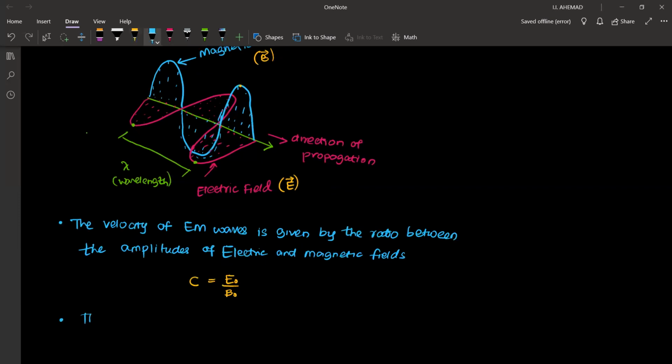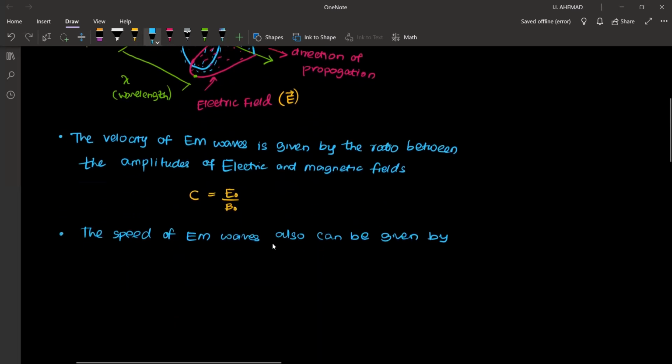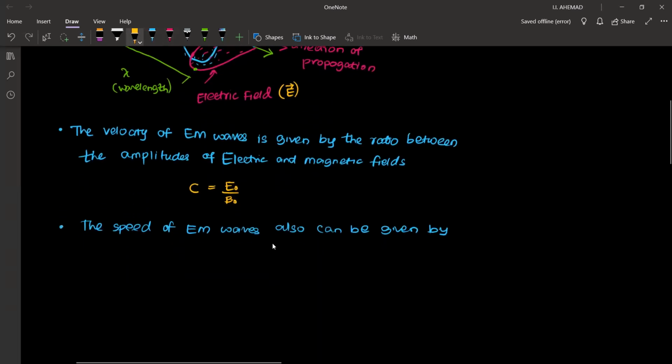The speed of EM waves can also be given by C is equal to 1 over the square root of mu naught epsilon naught.